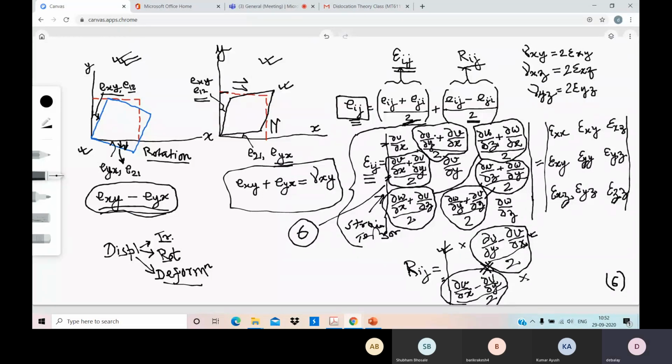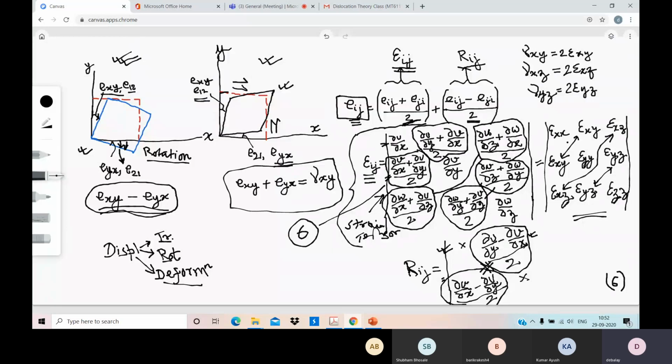So this is a very important thing that we have derived, and the strain tensor can be represented in this form: epsilon xx, epsilon xy, epsilon xz. Xy and yx are the same, that's why I am writing this the same way. Then yy, yz, yz same, xz same. So it's a symmetrical tensor. Strain tensor is a symmetrical tensor.